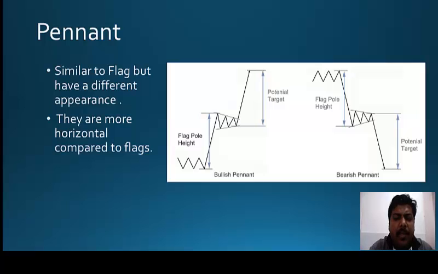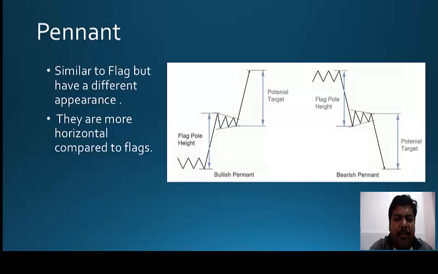Instead, it appears like a symmetrical triangle, and the potential target is exactly the same as the flags. That is, once the pennant formation is broken out, we see that the stock price will move up equal to the previous move before the pennant consolidation happens.